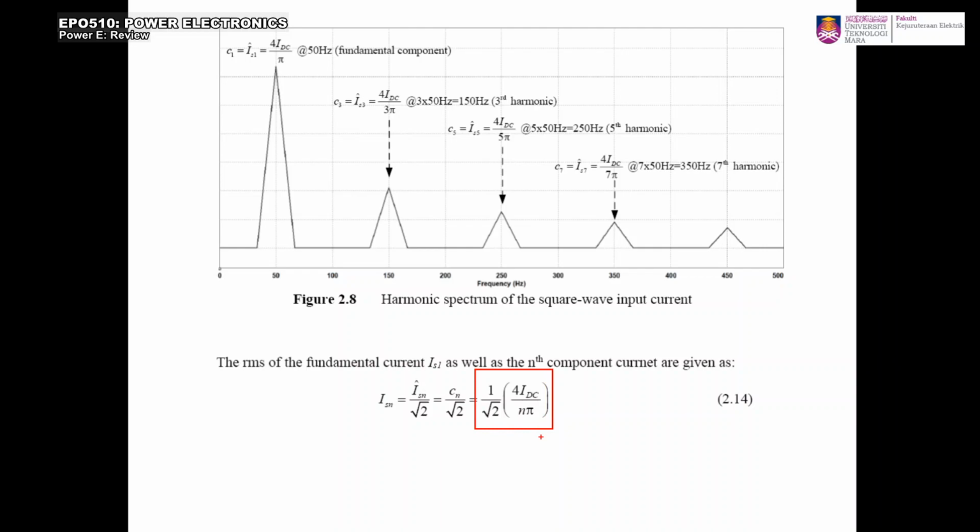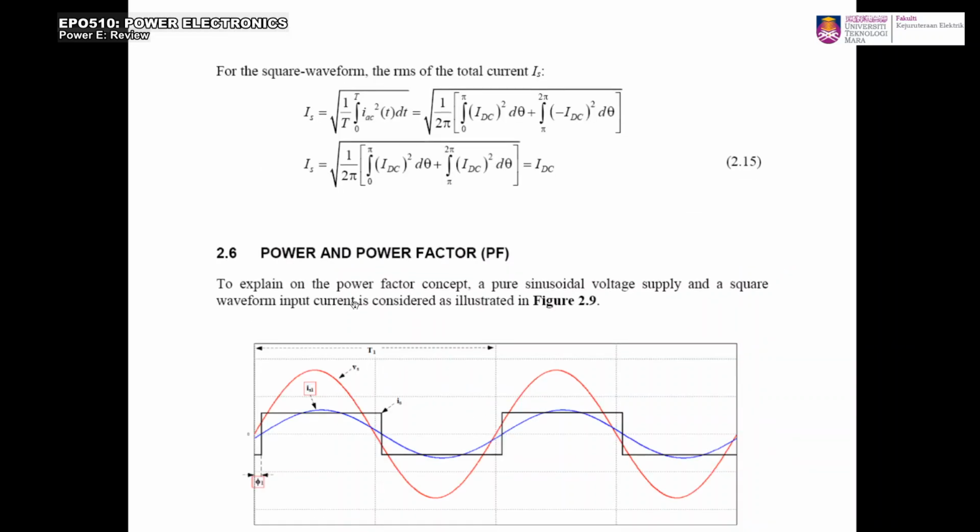Okay, question 2.14. We also look into the RMS of the total current, which is the square waveform itself. What will be the RMS? So I will also show here how to obtain the RMS. This is the general equation. Always memorize this. To get the RMS, you have to square root, and then this is the average.